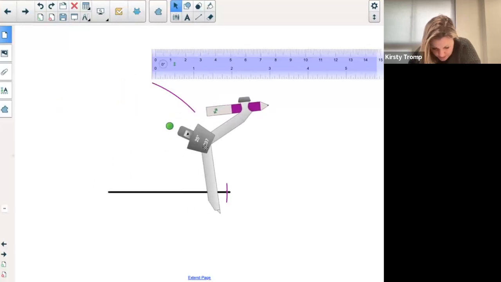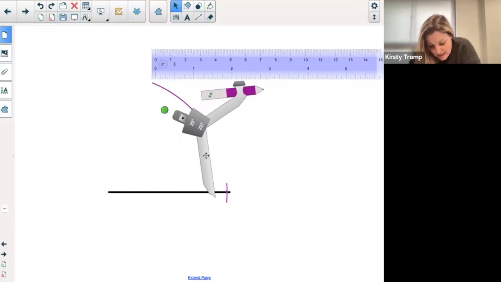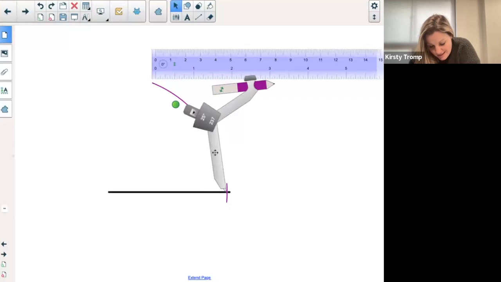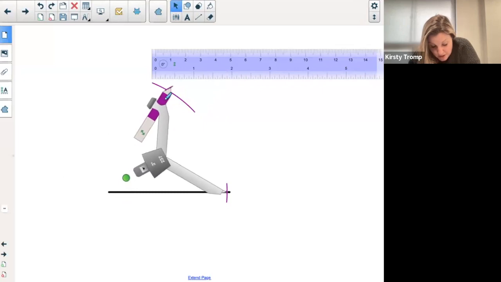I'm going to try and flip my one around, but he doesn't want to do that. Right, I'm going to move the point now to this side. I'm putting it where the little arc met the line, and I'm going to make a pencil mark.